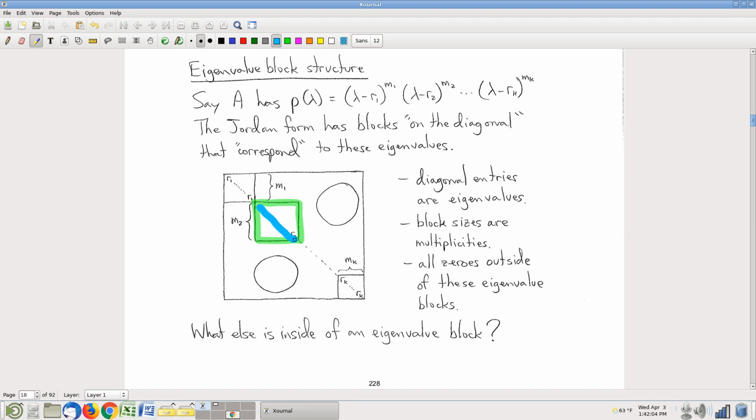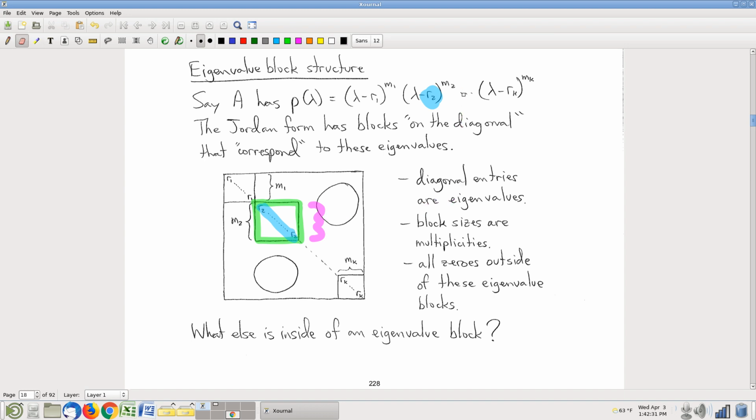All of the diagonal entries are the corresponding eigenvalue. And the size is the multiplicity of that eigenvalue. So this thing that I call the eigenvalue block is, as you can see here, very closely connected to the eigenvalues, and that's why I think this is a reasonable thing to call it.